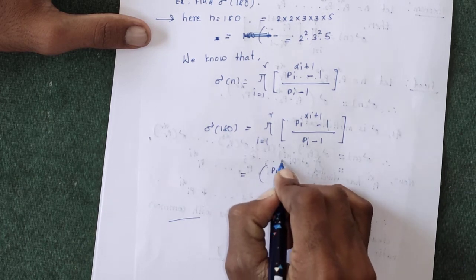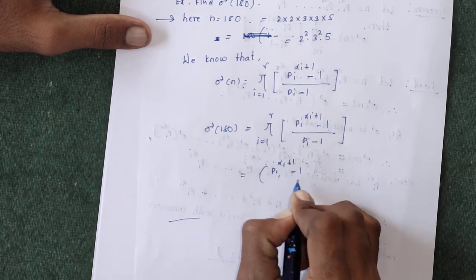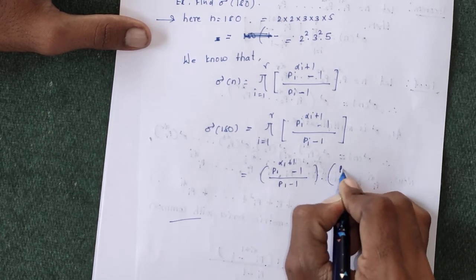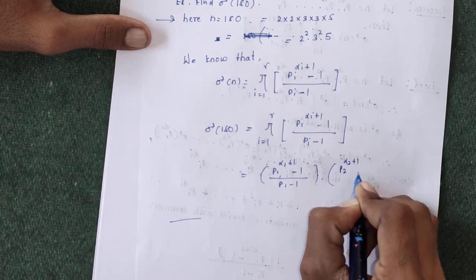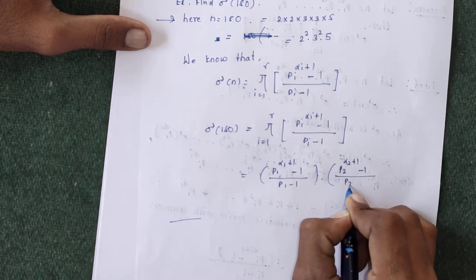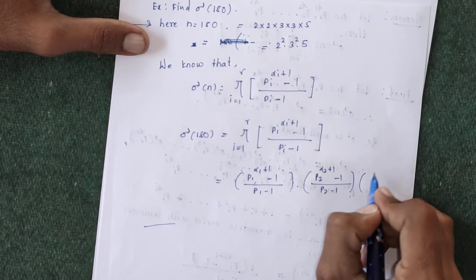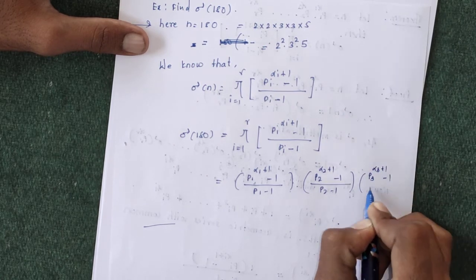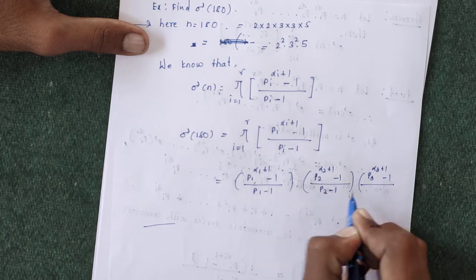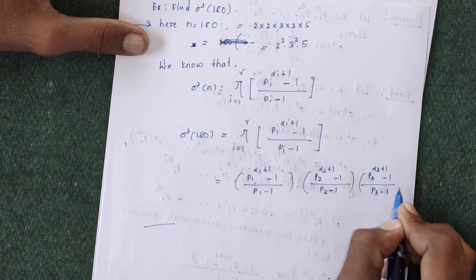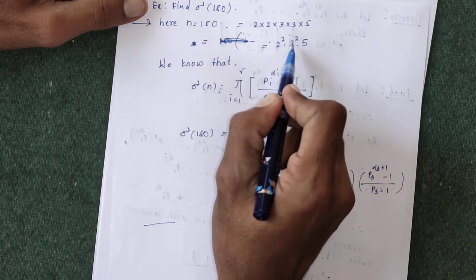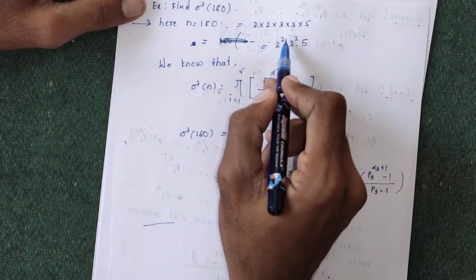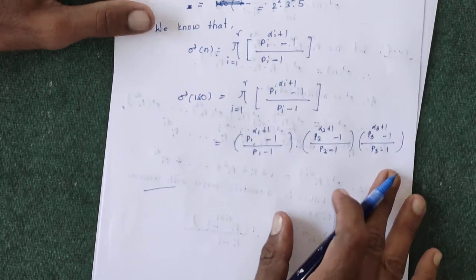p1 raised to alpha 1 plus 1 minus 1 upon p1 minus 1, into p2 raised to alpha 2 plus 1 minus 1 upon p2 minus 1, and p3 to the power alpha 3 plus 1 minus 1 upon p3 minus 1. Here p1, p2, p3 are 2, 3 and 5 respectively. Alpha 1 is equal to 2, alpha 2 is equal to 2 and alpha 3 is equal to 1.